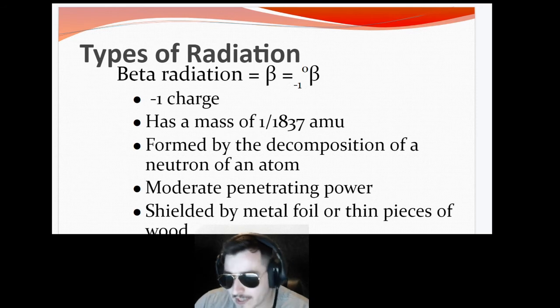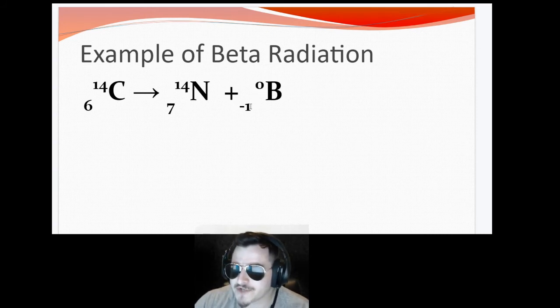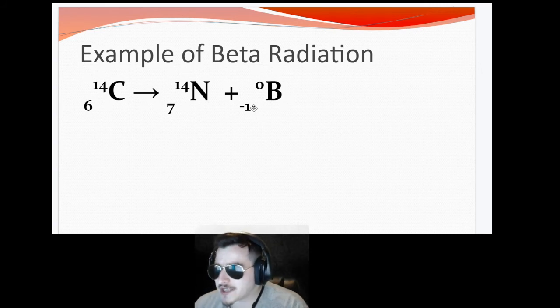In this example, we're going to do another example for you on the board just to make sure you guys are getting it. We're going to see a change. Carbon 14, atomic number 6, because it's carbon. It ejects something with a mass of 0 and a charge of -1. So the mass does not change.